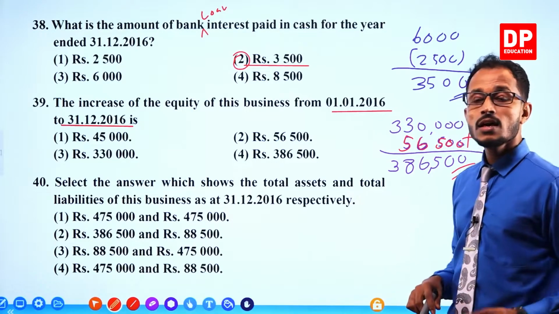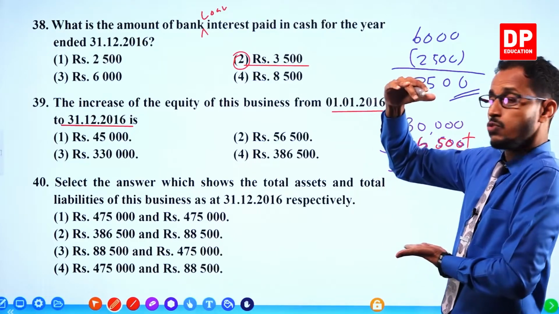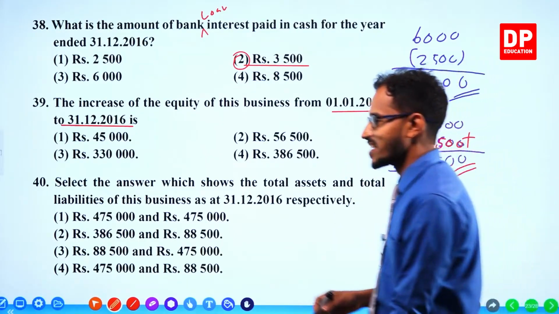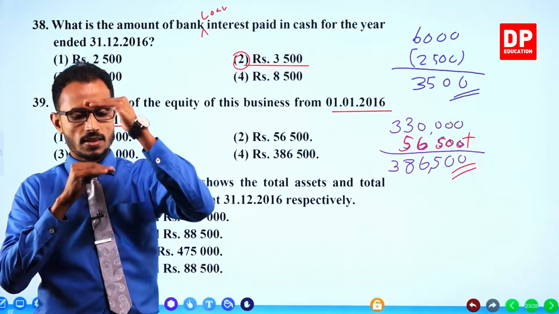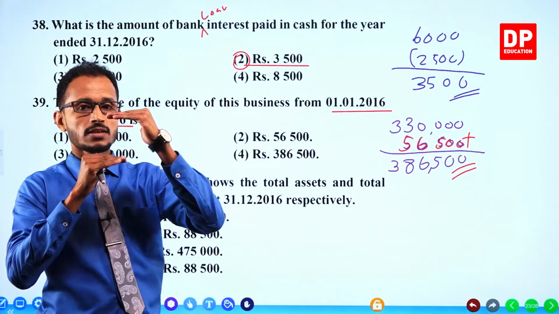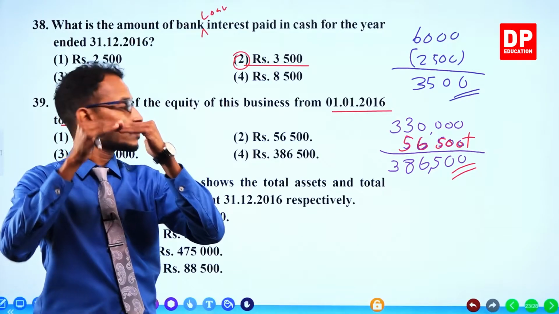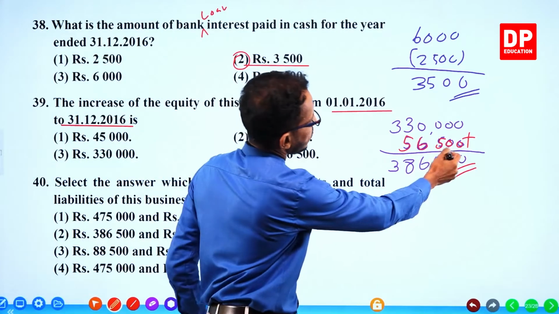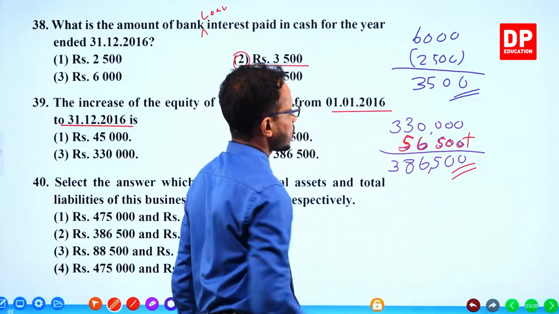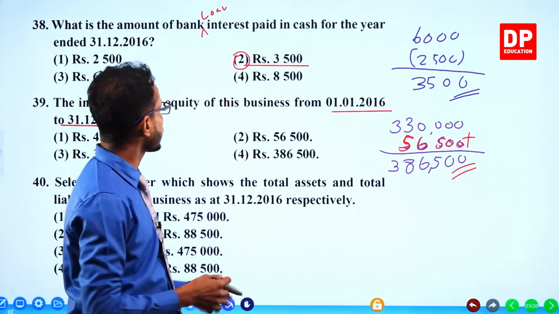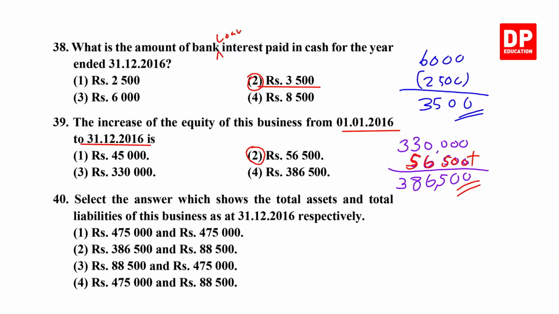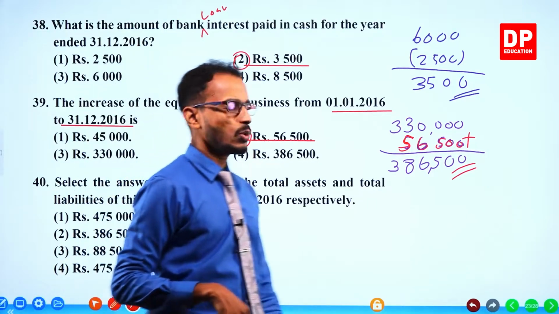When it is added, the capital is increased from 330,000 to 386,500. But the increasing amount is by how much? 56,500. That is what they are asking, and we have the answer here. Yeah, that is the 39th question.